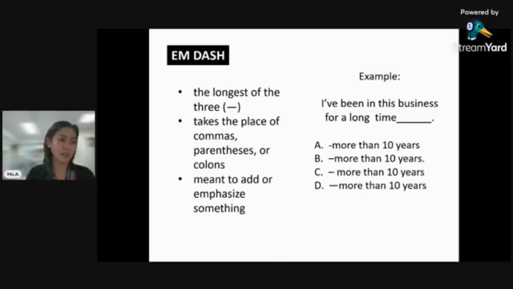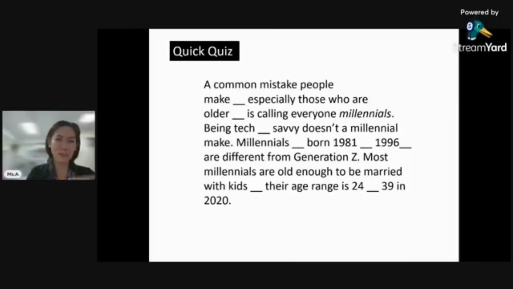Opo, sa totoo lang naman, no? Nakakatayan kami. Ito na po, konti na lang, tapos tomorrow na po yung iba. So, a common mistake people make, okay, sagutan na lang natin, no? Blank, especially those who are older, blank is calling everyone millennials. Now, being tech, blank, savvy doesn't a millennial make.